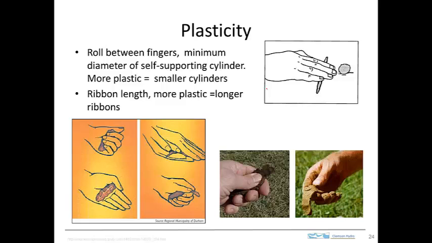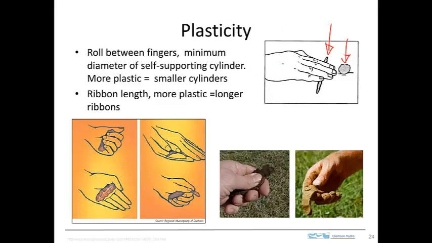And usually you measure how small a piece can get, or how long a piece can get under a certain type of deformation. So the rolling test is one way that you can do it. And here's a picture where you put the soil into a ball and then roll it out on a flat surface. You could potentially roll it on the palm of your hand, but a flat surface is going to be better.